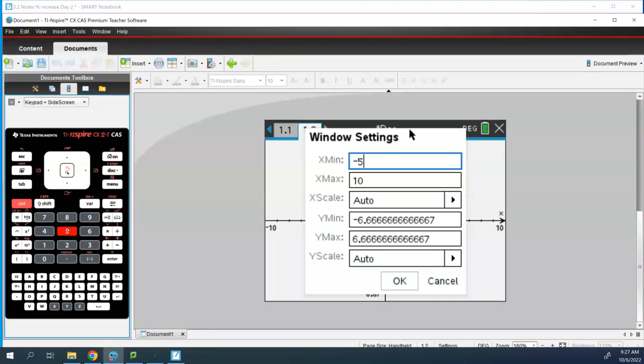Okay. Then, maximum. Is 10 enough for my maximum? No, because we went out to 15 already, right? Okay. So 30, sound good? 30 years out? I'm going to go with a scale of 5s only because then I said it. You know what I mean? It's not some goofy decimal.